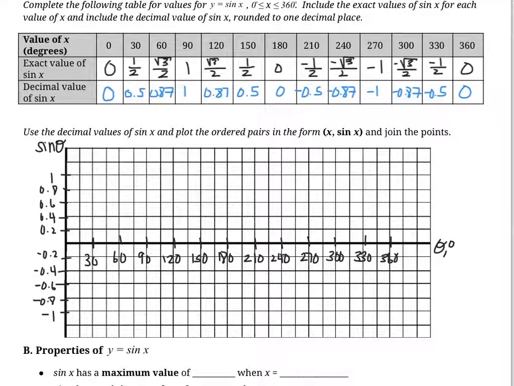Now we're ready to graph. So we're going to take our points from here. So our first point is going to be our x value is 0 and our y value is 0. So we're going to do a big dot at 0, 0. And our next point is going to be 30 degrees and 0.5. So our next dot is going to be somewhere around here. Then we have 60 and 0.87.